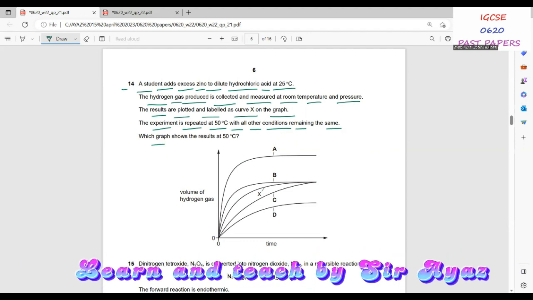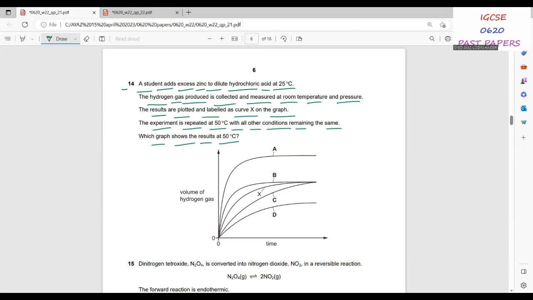Which graph shows the results at 50 degrees centigrade? Now this time the temperature is high. Other conditions are same. So we will have a steeper graph for this one. So B will be the right answer for this question.